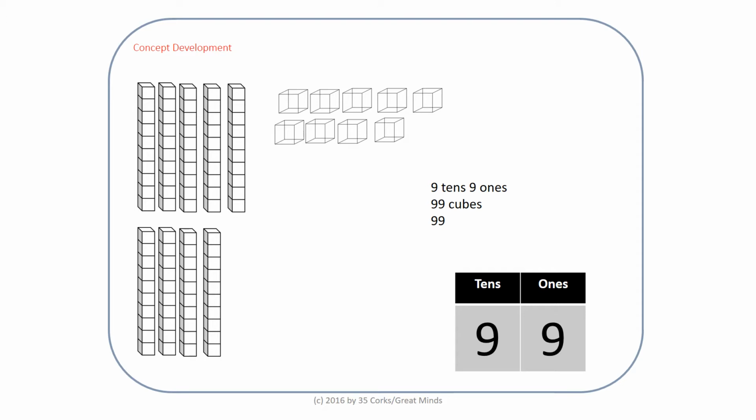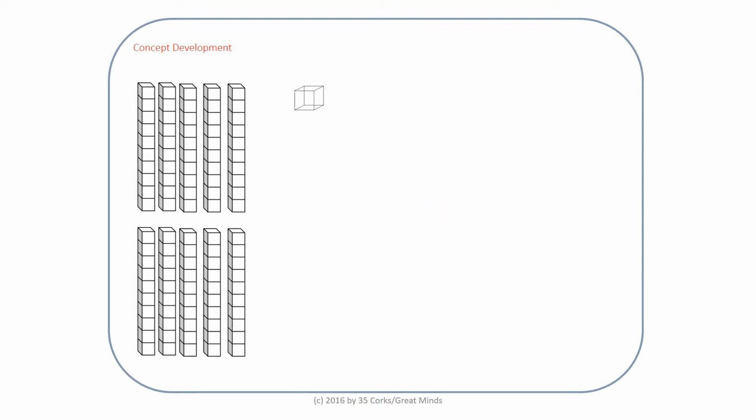Now I'm going to show the next one and do it as quick as you can. So how many 10s do you see? Well, we can clearly see 10 quickly. How many 1s? I see 1. So 10 10s, 1 1. How many cubes do you see in all? 101.